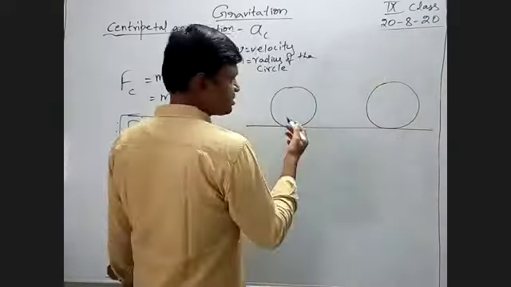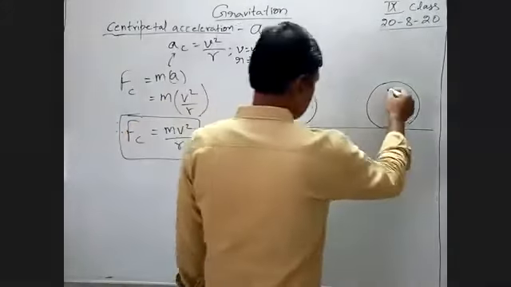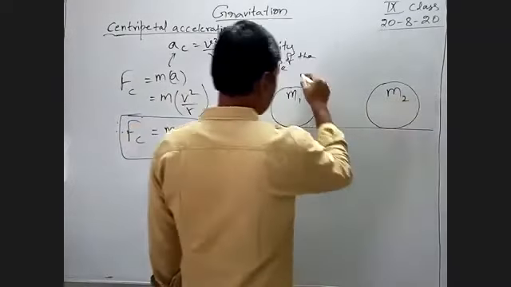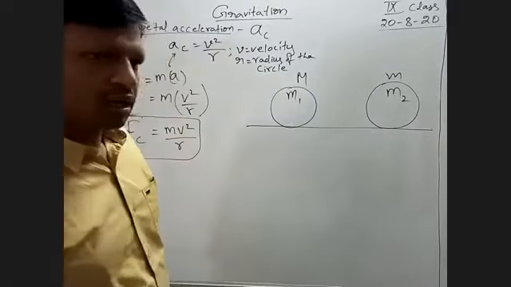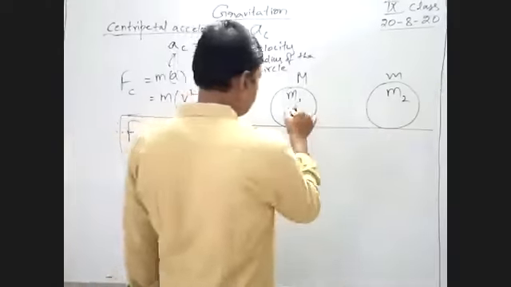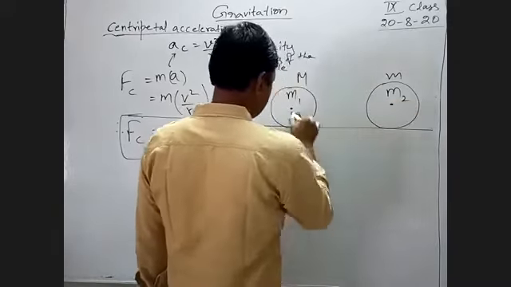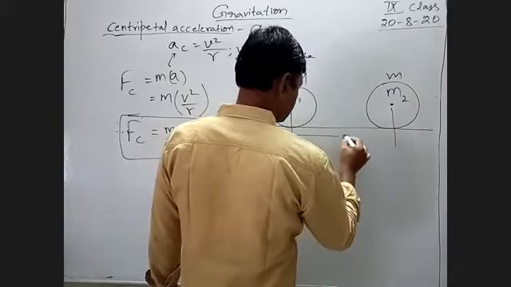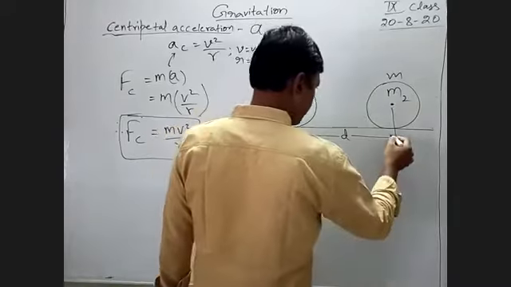The two objects of masses m1 and m2 are present at a particular distance. These are the centers, and this is the distance between them that we have to calculate.